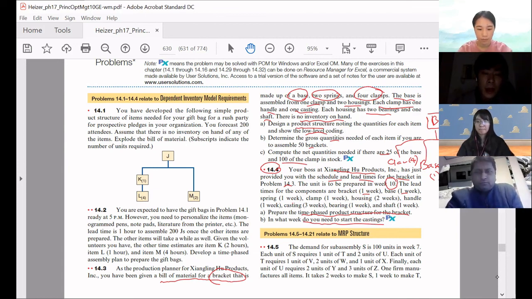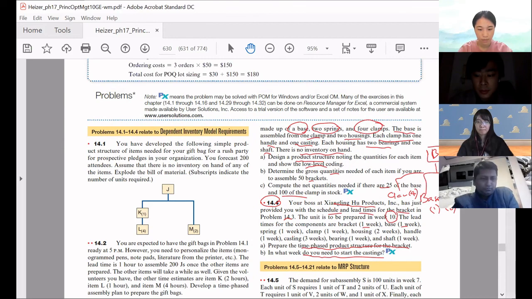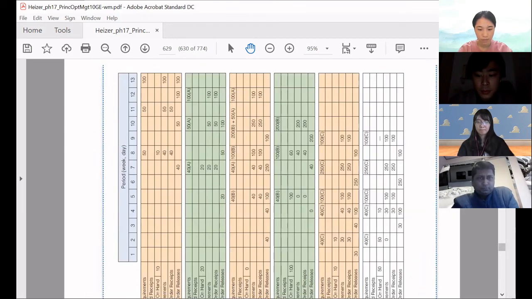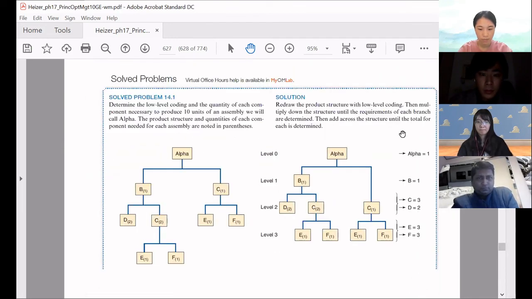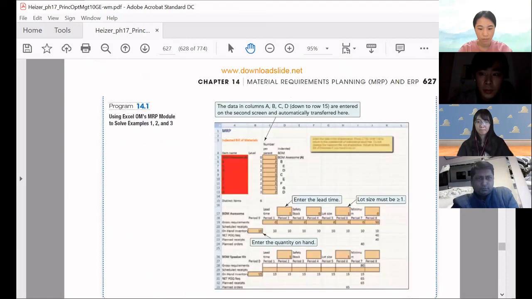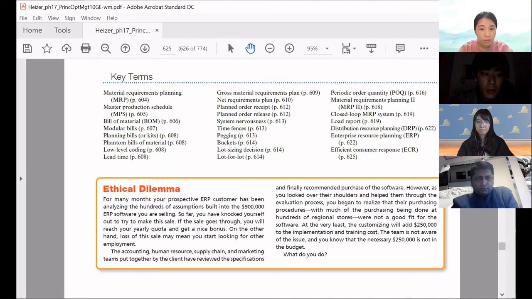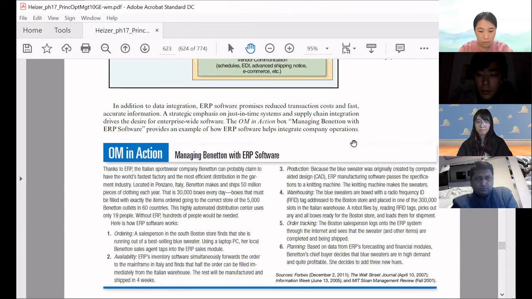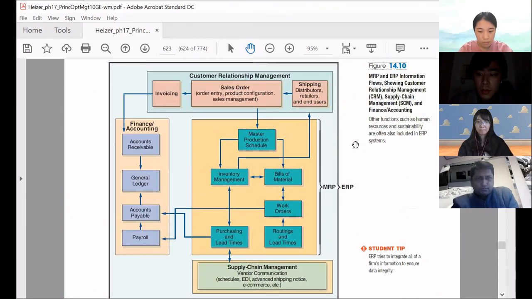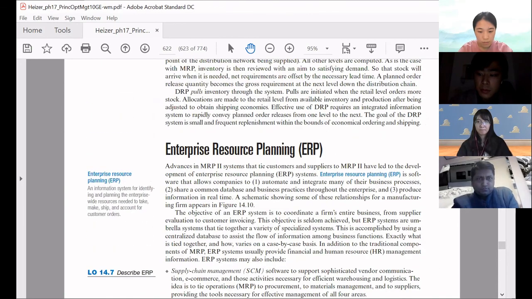Okay, got it. If you have difficulty, please refer to this book. Read the book, because this explanation you can find in the book.